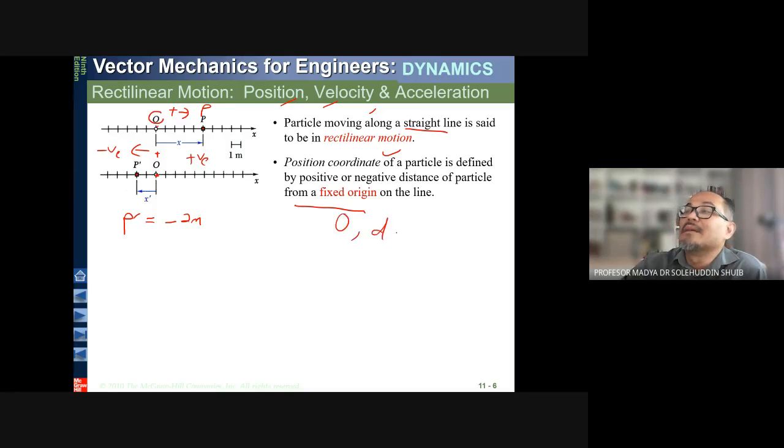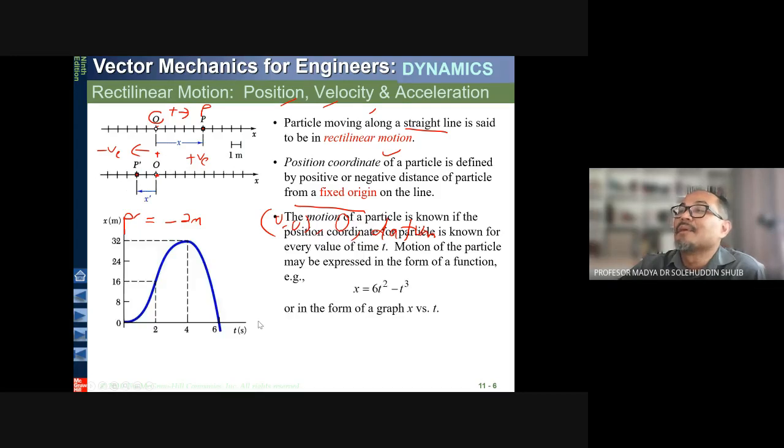We can call it datum, origin, or zero, any name, which are the same. I hope you also have the textbook with you. I'm referring to the textbook by Beer and Johnston.